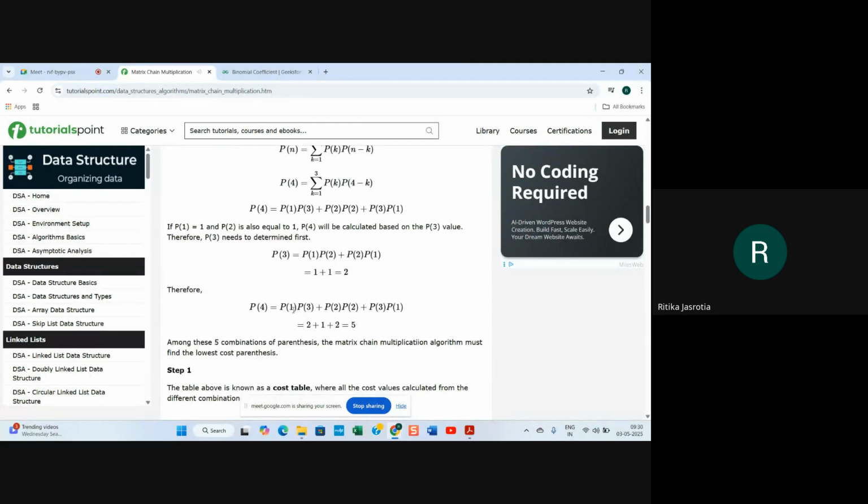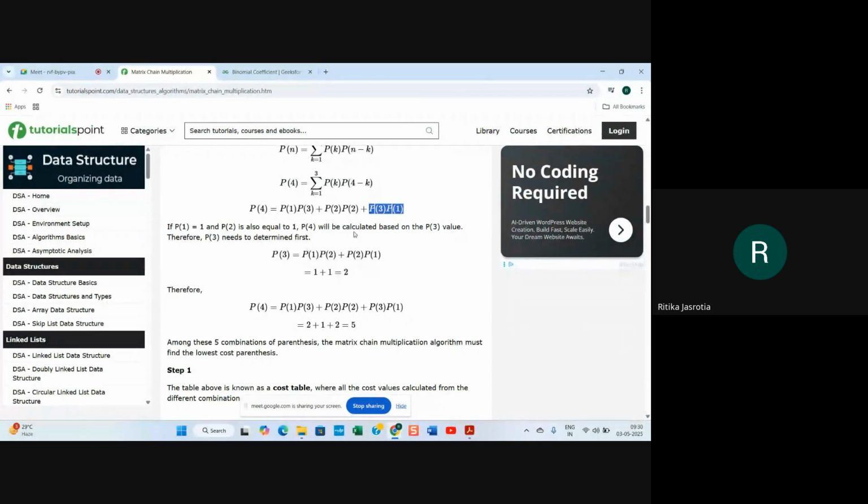Therefore P4 is P1 into P3 plus P2 into P2 plus P3 into P1. What will be the value? 2 plus 1 plus 2. P1 into P3 and P3 into P1 mean the same thing.